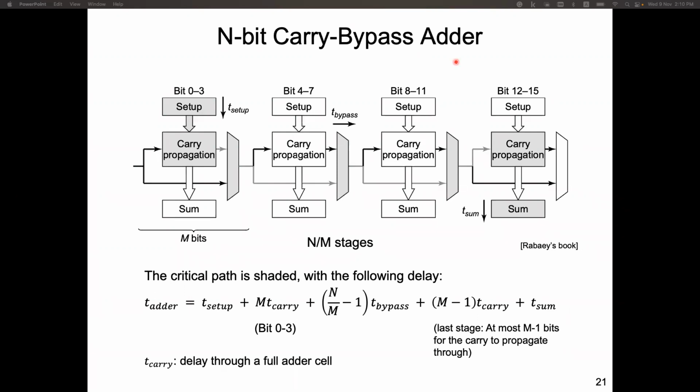But this is detected and can be bypassed. T bypass is the propagation delay of this multiplexer, from input to output. It takes some delay for any logic.